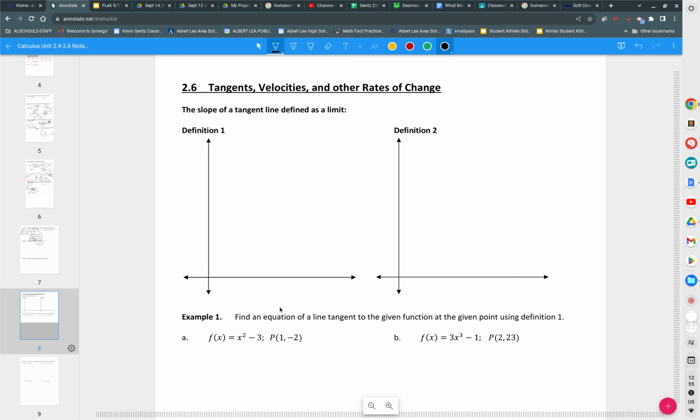If you remember when we started this course, we said that there was a big question we like to ask in calculus, and that's if we have a curve, we want to know the slope of the tangent line, right? And so we're going to put it together, and we're going to use definition 1. We call this definition 1.